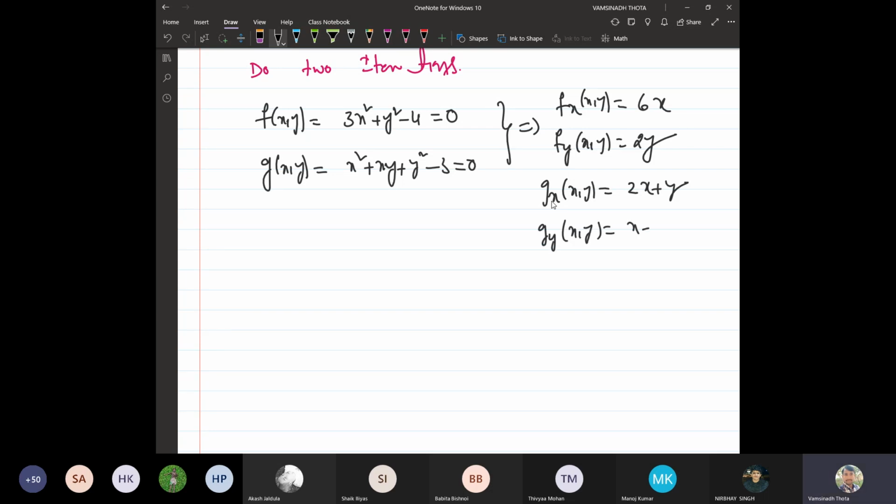Gy is equal to x plus 2y. Okay. And all these functions, all the first order partial derivatives for both f and g exist, and in fact they are continuous also. In fact, for these functions, not only first order partial derivatives, but partial derivatives of all orders exist. Fine.